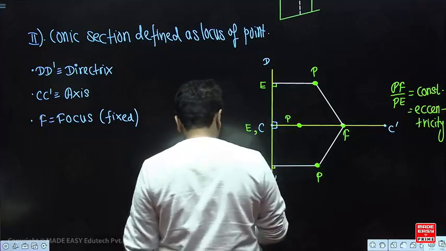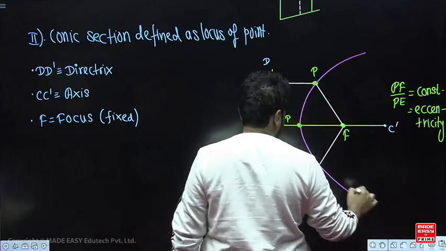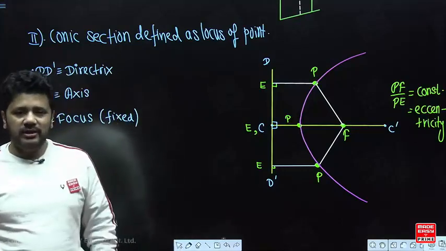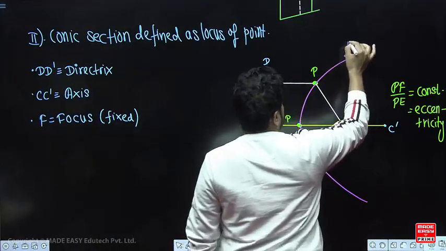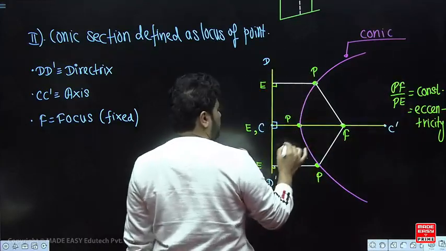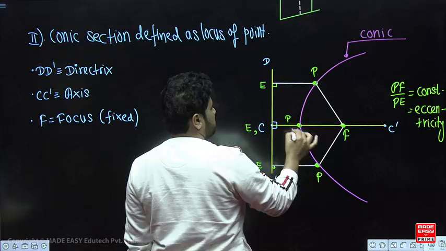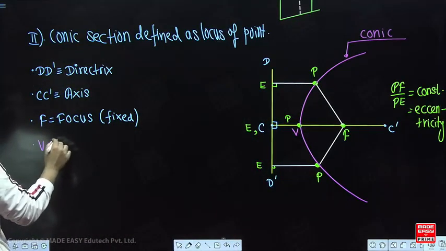When I join these points, I get a curve, and this curve is called a conic. When the conic intersects the axis, that point is called the vertex, and it is shown by V. So what is V? V is your vertex.